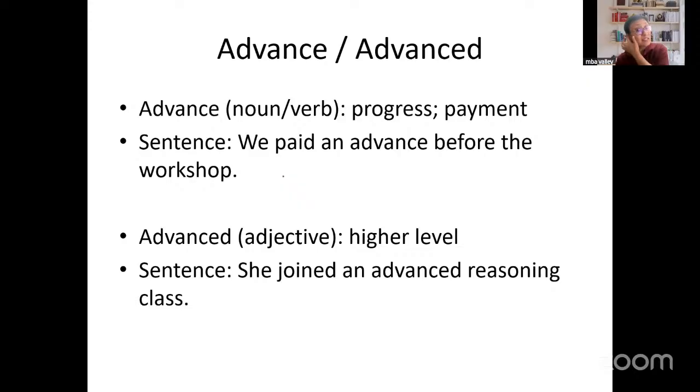Now, advanced means high level. She joined an advanced reasoning class. So advanced is something higher level or something which is latest, newest. So advanced Java, advanced C++, right? Advance, however, means to progress, to move forward. Okay?